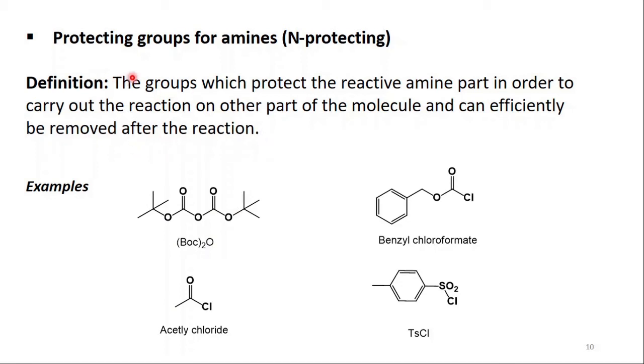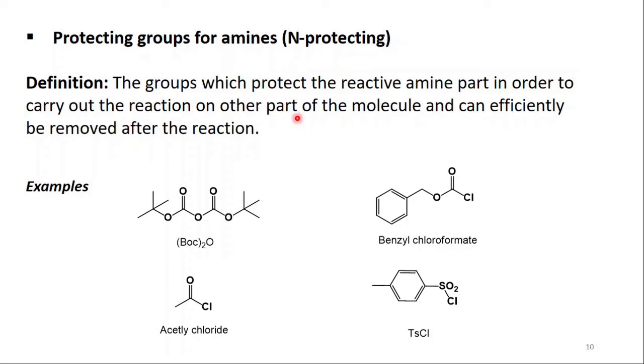If you see N protecting groups in the syllabus, there are separate N protecting and C protecting groups. N protecting group is nothing but a protecting group used for NH2 or NH, amino protecting groups. Do not misunderstand the term; N protecting is nothing but protecting groups used for amino groups.